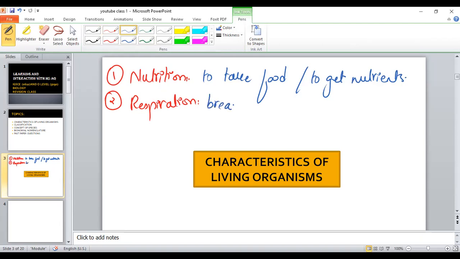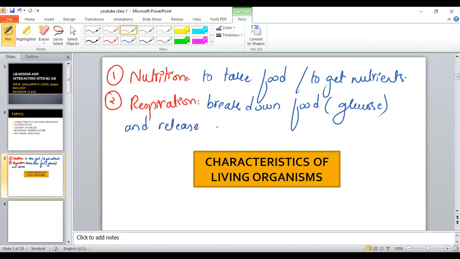Once they get food, they break down food to get energy. Food, especially glucose, will break down and release energy. Then this energy is used for their growth.